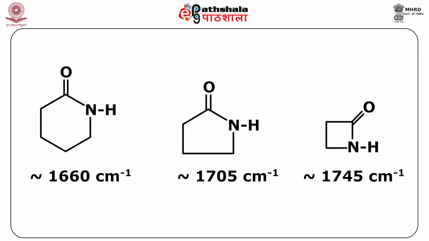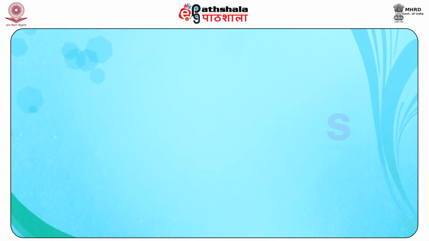The unstrained 6-membered cyclic amide, that is delta valerolactam, absorbs at 1760 cm inverse, whereas gamma butyrolactam and beta propiolactam show C double bond O stretching values at 1770 cm inverse and 1745 cm inverse respectively due to ring strain.